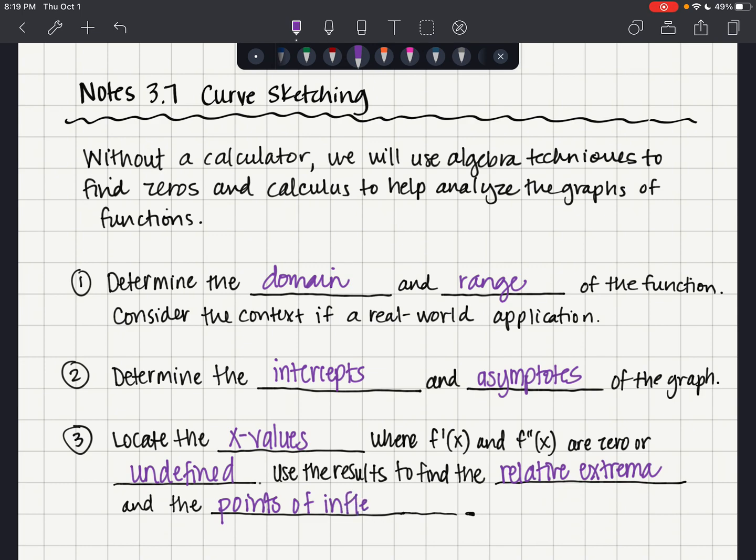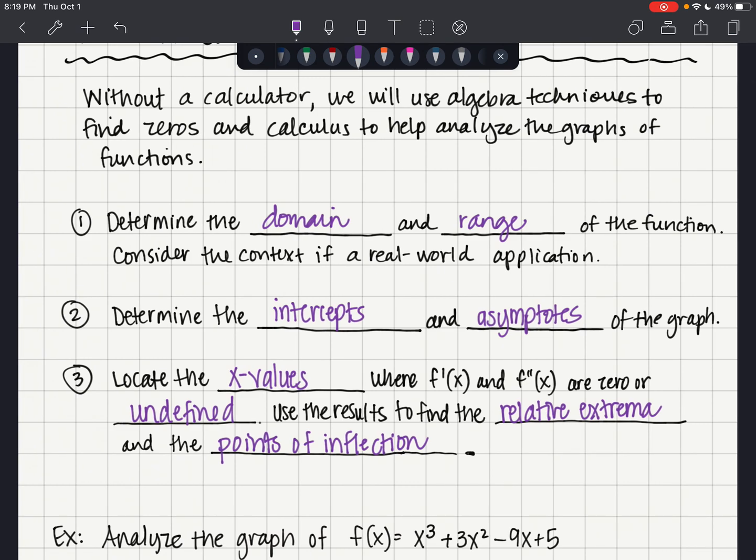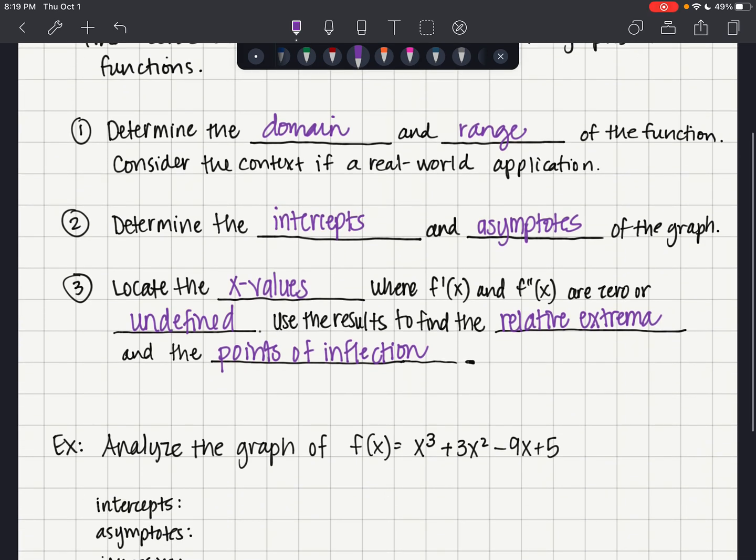Now, we're going to use everything that we've done in the previous sections, the previous lessons. We're putting it all together here, and we're going to make that connection to the graph.